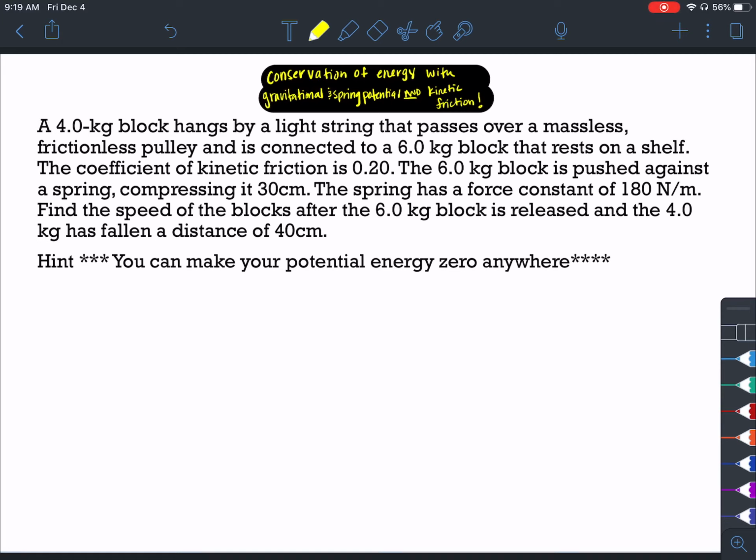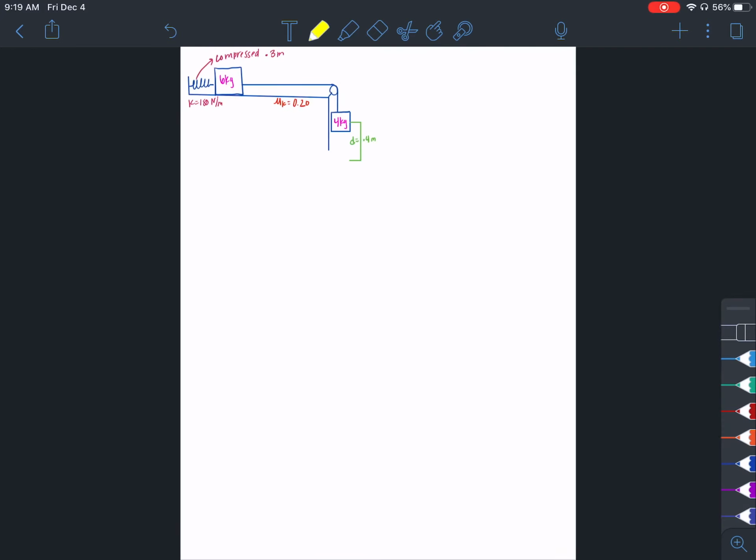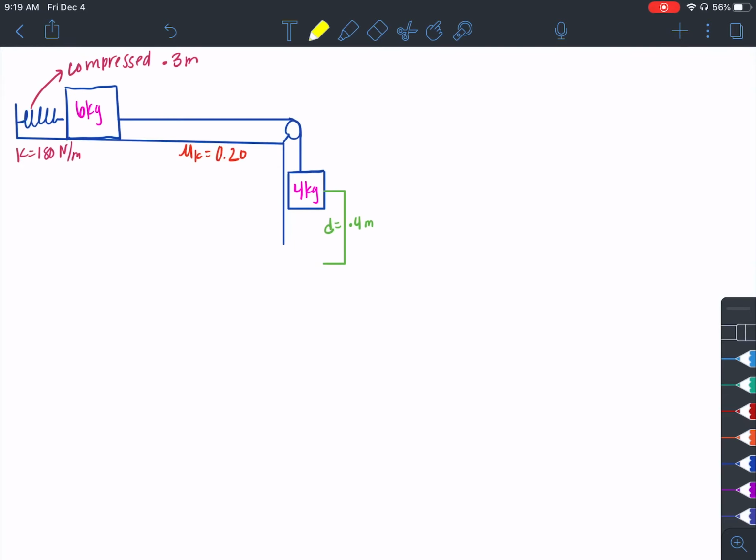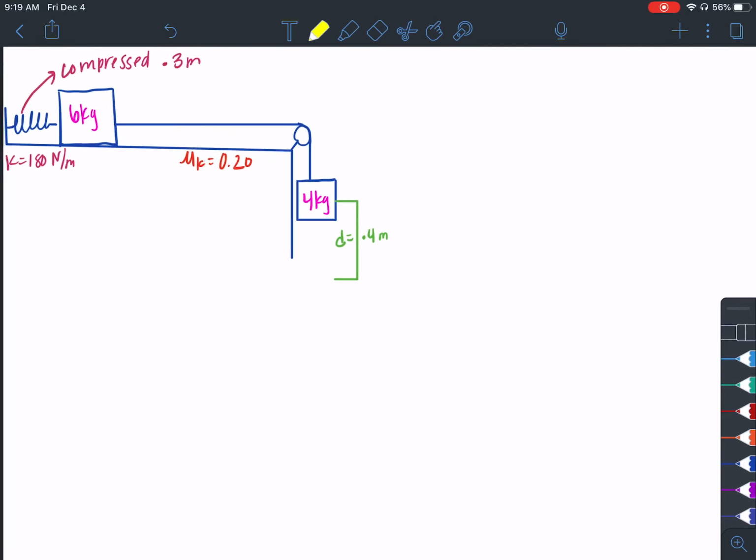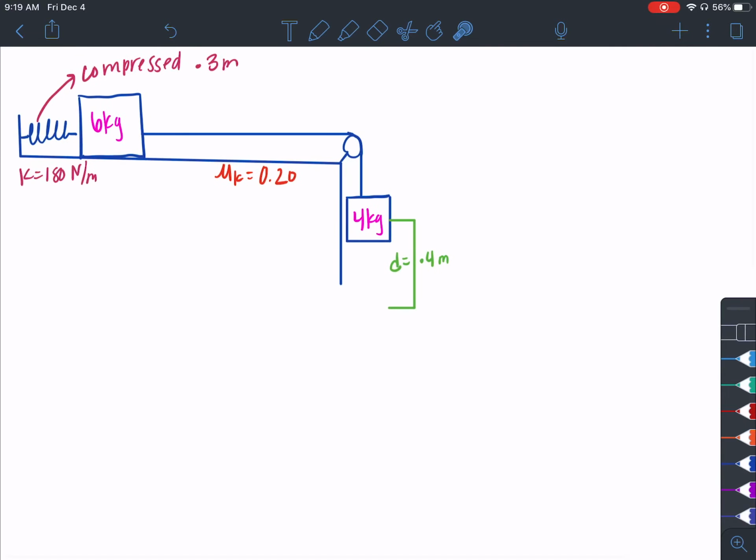So there's a lot going on here, as with any good physics problem. The first place we want to start is just drawing a diagram, so I've put all that information into a picture. We have our 4 kilogram weight hanging, and the 6 kilogram block on the shelf, pushed up against the spring compressing it.